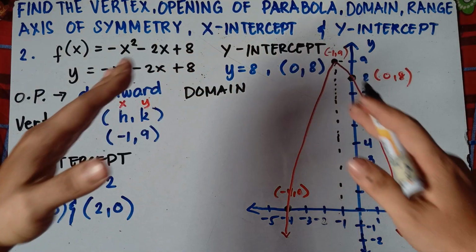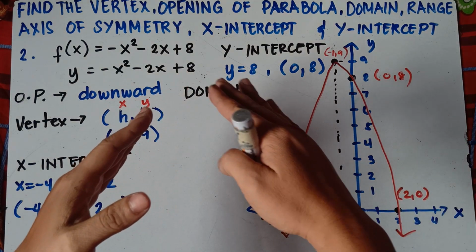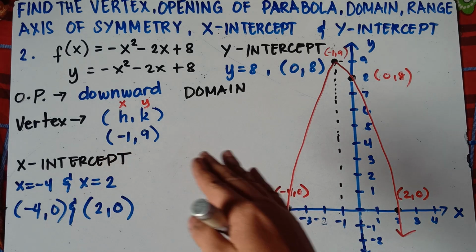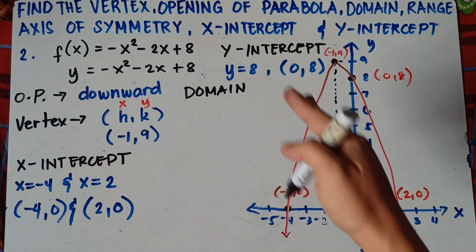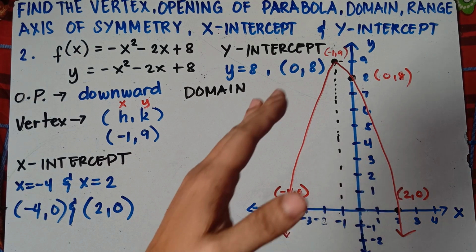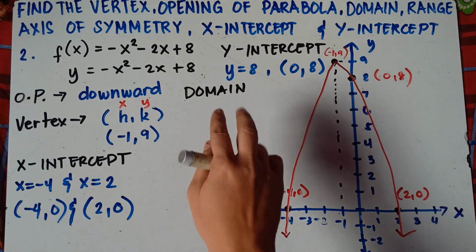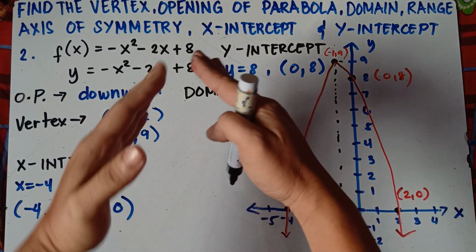It will look like this. I'm so sorry for my graph, class, because we don't have the graphing board. But for the domain, your graph will extend on the right side to infinity, to all positive numbers on the right and all negative numbers on the left. Once again, your domain would be the x values. So your graph will extend like this.